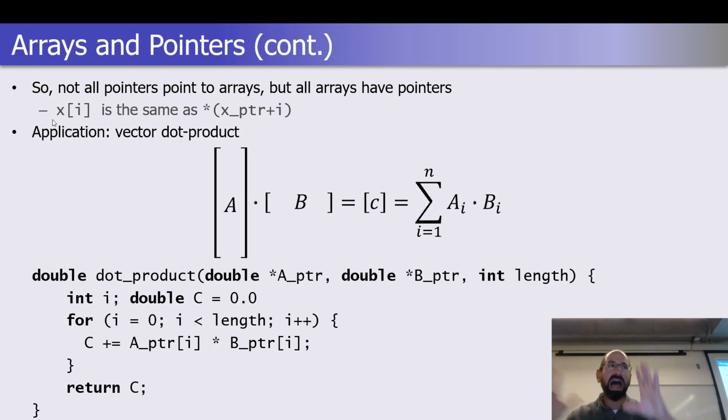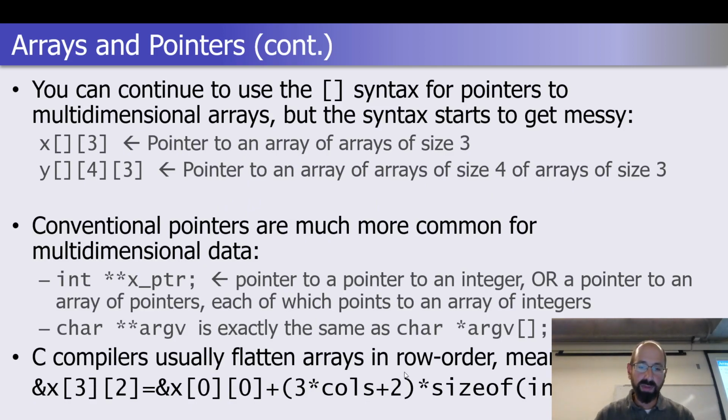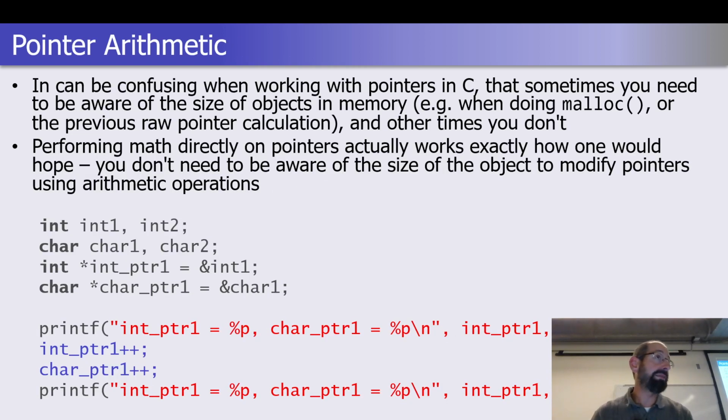I want the ith offset into memory, however many bytes that is. It does that math for you. It's effectively this math down here, where it takes the size of the individual element and does that arithmetic for you. But it is oftentimes the case when we're doing some more low-level handling of data structures and the like, that we actually have to do some direct arithmetic on our pointers. We need to change the value of a pointer via some arithmetic or other expression.